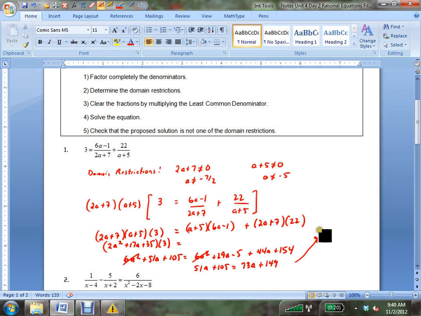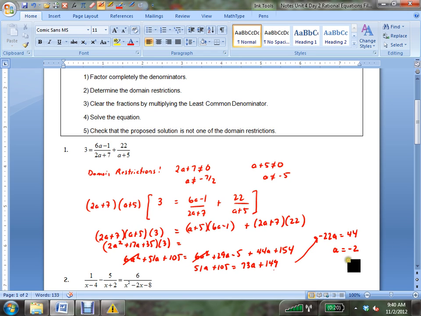Continuing over here, I get negative 22a, right? If I subtract the 73a from each side, then subtract 105 from each side, I'm left with 44. Divide, and I'm left with a equals negative 2.